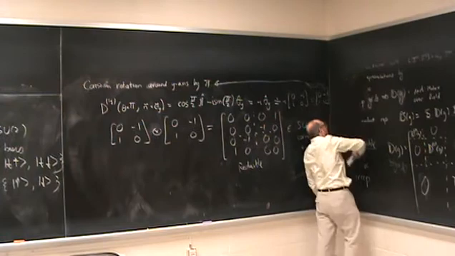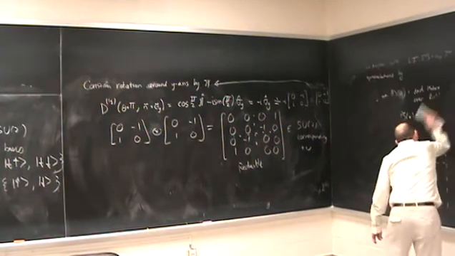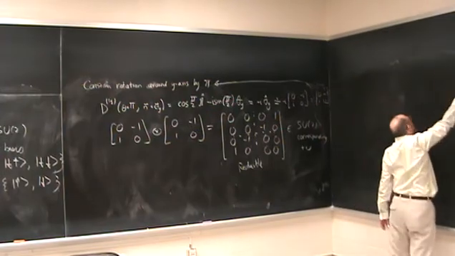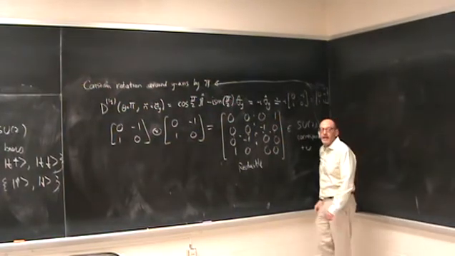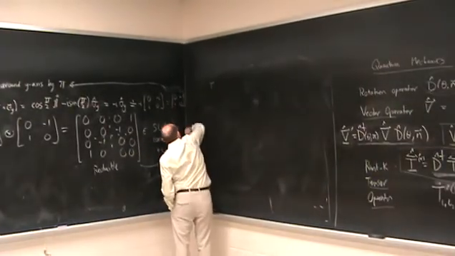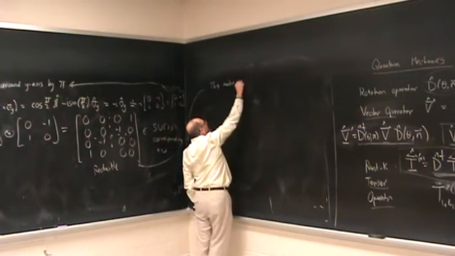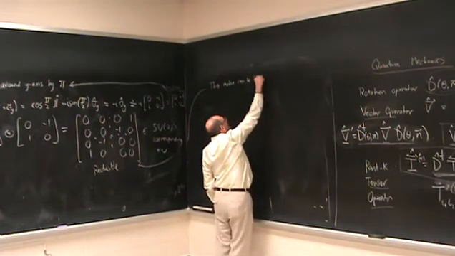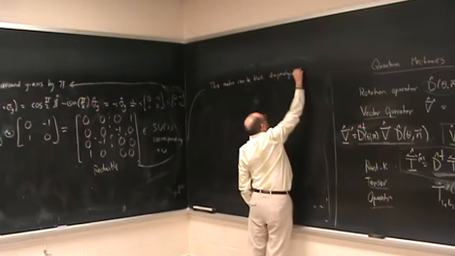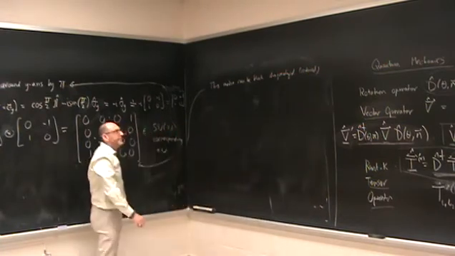In fact, to reduce it, I can find a basis in which this is block diagonal. That's what it means to reduce it: block diagonalize this matrix. What basis?